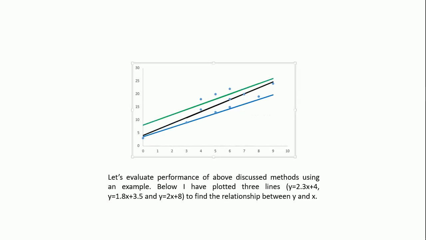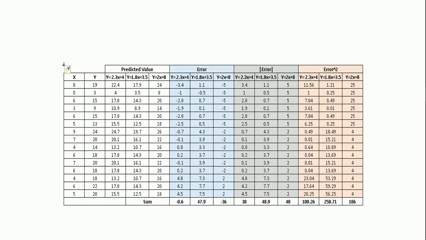Here's a graph. I have three lines over here: y is equal to 2.3x plus 4, y is equal to 1.8x plus 3.5, and y is equal to 2x plus 8. We have to show which one is better, and what I have done is make a table.